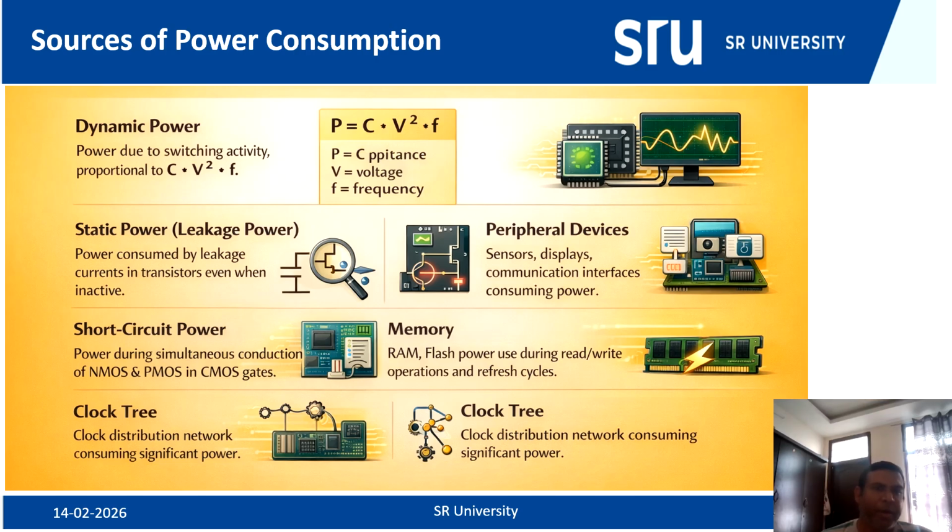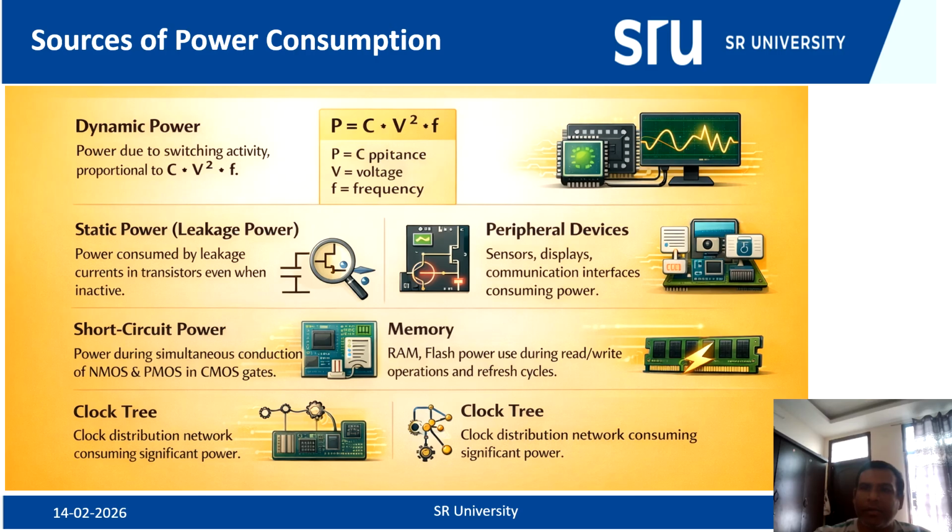The memory components, including RAM and flash, also contribute to power usage during read, write, and refresh operations. Finally, the clock tree, which distributes the clock signal across the chip, can consume a substantial portion of total power due to its continuous switching activity. Understanding these sources is essential for effective power management and optimization.